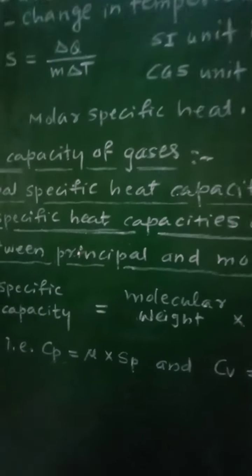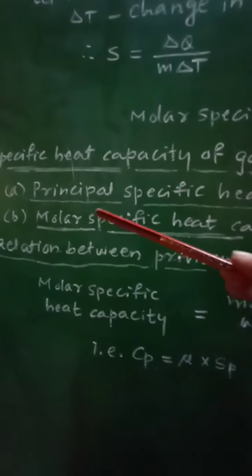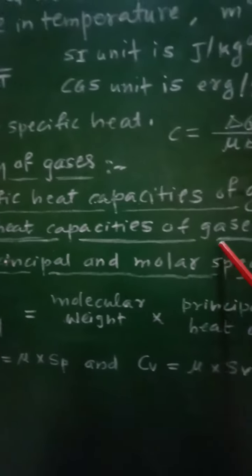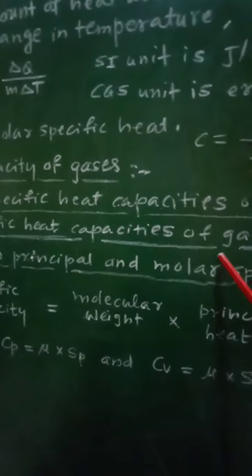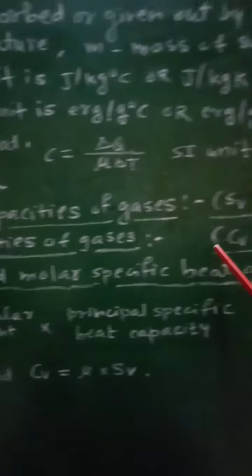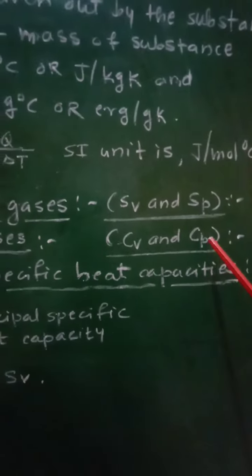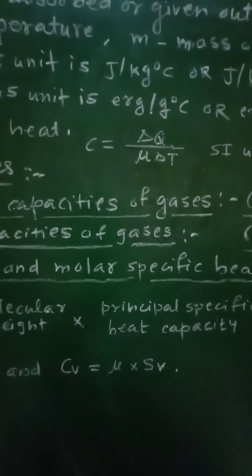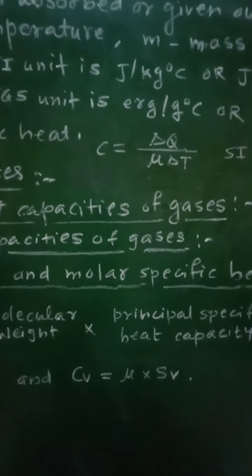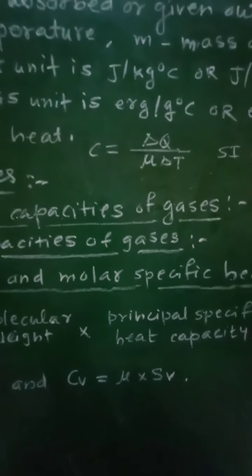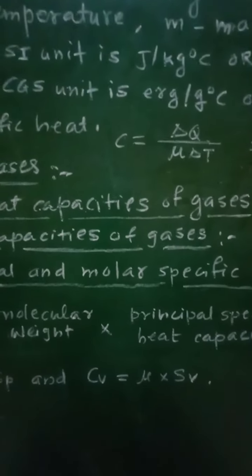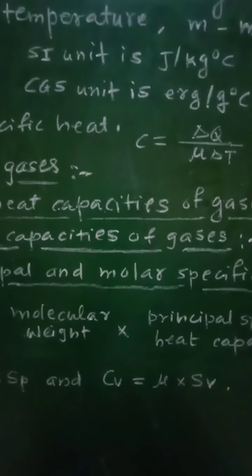And now let us see the molar specific heat capacities of gases, that is Cv and Cp. These are the molar specific heats. So in case of principal specific heats, we consider unit mass of gas, while in case of molar specific heats, we will have to consider 1 mole of gas.